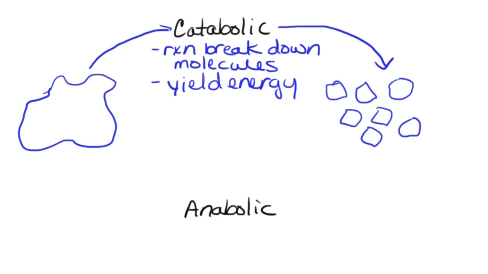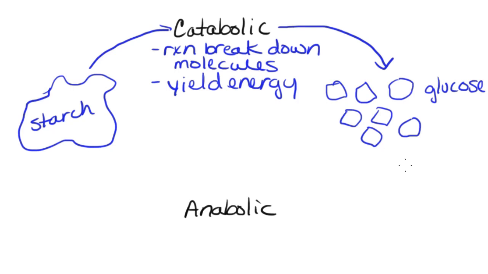So whenever the cell needs energy, it's going to break down complex molecules into smaller ones as one means of actually getting that. An example of this would be to take something like a starch molecule, and then a catabolic reaction is going to break it into smaller pieces. And so this could be like glucose molecules, and then we can process those further even more and get even more energy out of it.